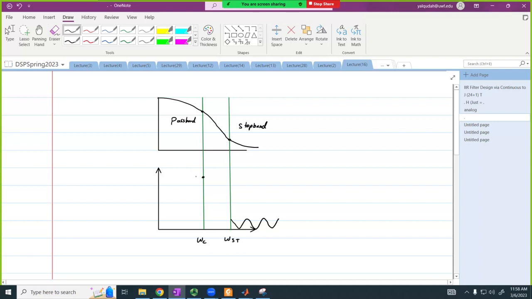I'm going to have the same specifications for both of these. So when I look at these two filters, the design specifications that I have is omega cutoff, I want this much attenuation, and omega stop, I want this much attenuation. Make sense? Now what the Butterworth filter is going to do is meet these specifications and exceed these specifications at all other frequencies.